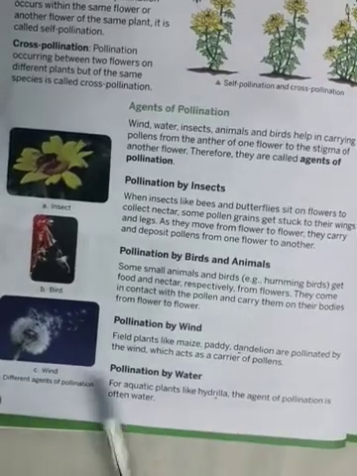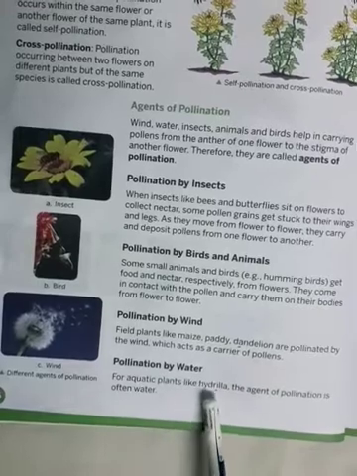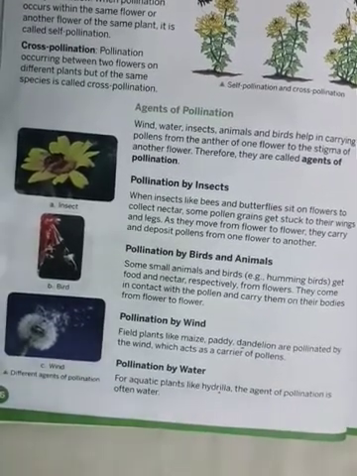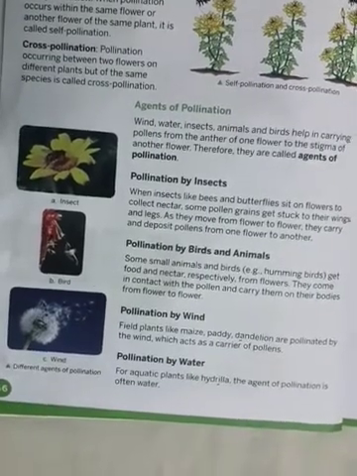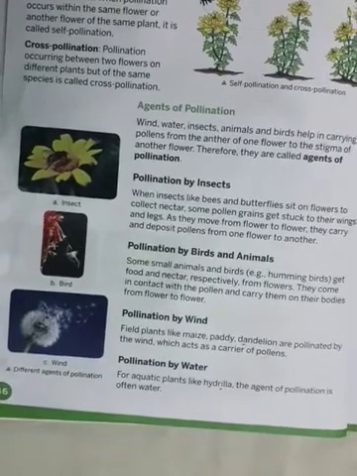Okay. Pollination by water. For aquatic plants like hydrilla, the agent of pollination is often water. Now children, water can also work as a mode of transporting the pollen grains.